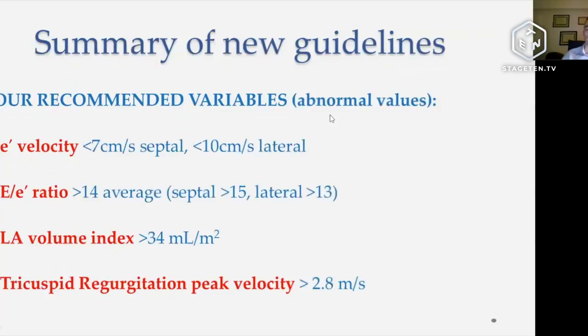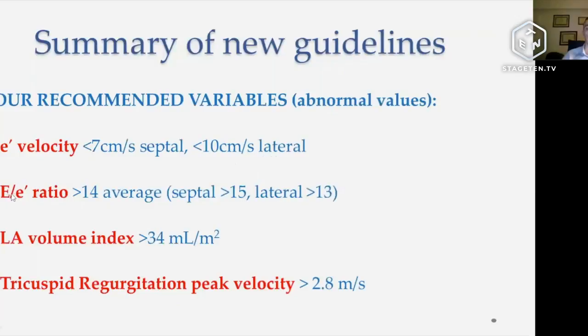When we look at what are the abnormal values to diagnose the LV diastolic dysfunction, we see that E prime, myocardial velocity at annular level, below 7 centimeters per second in septal and below 10 at lateral level is 1 point.